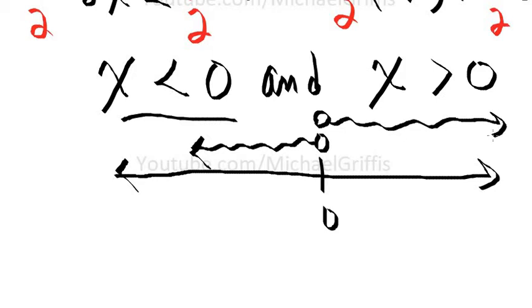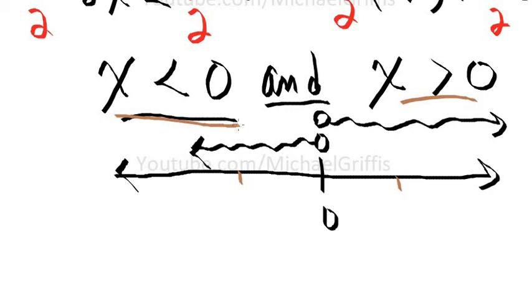Well, this is an interesting one here. Now remember the word and. We have to choose a number that satisfies both x is less than 0 and x is greater than 0. What do you think? There isn't one, is there? You choose anything over here on this side of 0, it's not going to satisfy this inequality. Negative 5 is not greater than 0. And if you pick anything over here on the right hand side, it's not going to satisfy this inequality.